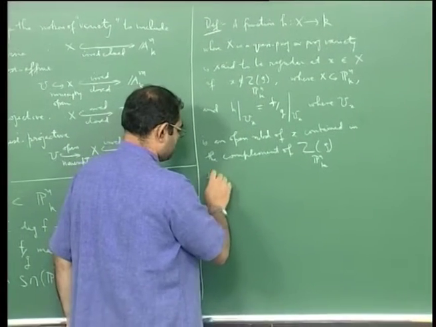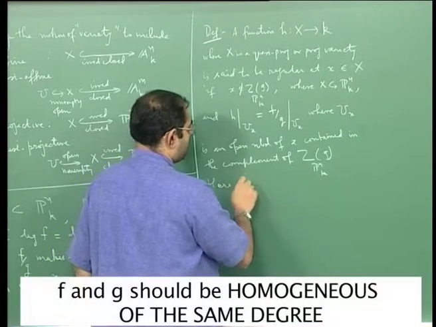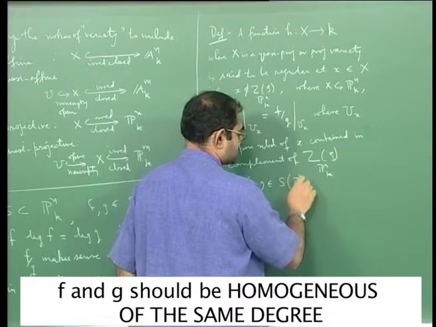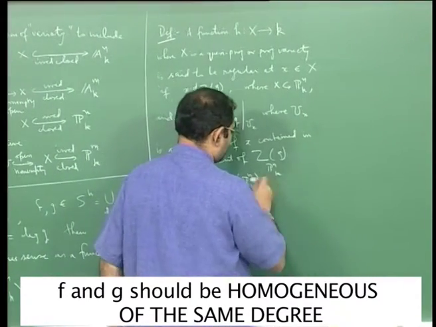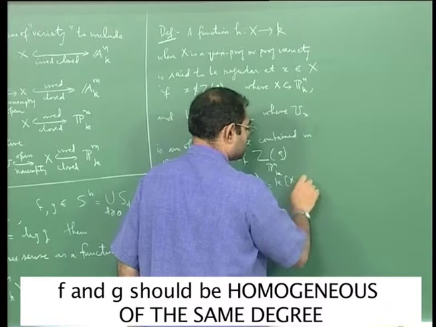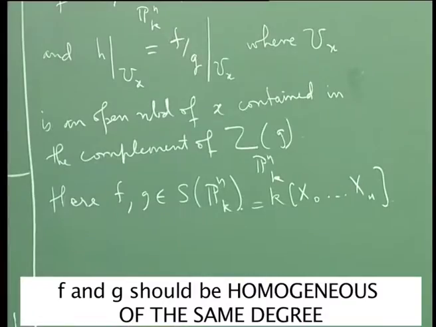Of course here f and g are in the homogeneous coordinate ring of the projective space, which is polynomials in the right number of variables, so this is going to be k of x naught and so on.